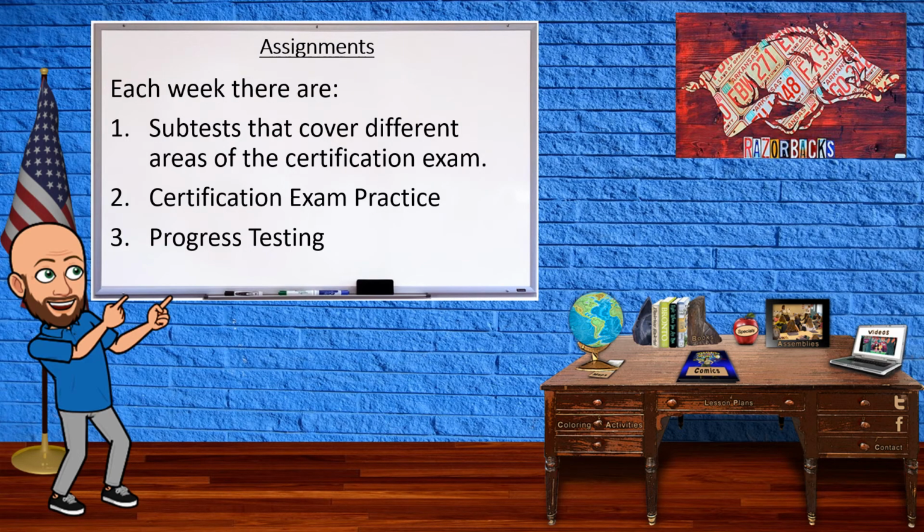And the assignments are pretty easy to follow. We start our week with a subtest, like I said, that covers the smaller portions of the exam. After we've covered that area, then we move into the exam practice, which is the real looking test that we have, and it's in a training mode, so it does allow us to really work through. It tells us what we need to do in order to achieve that.